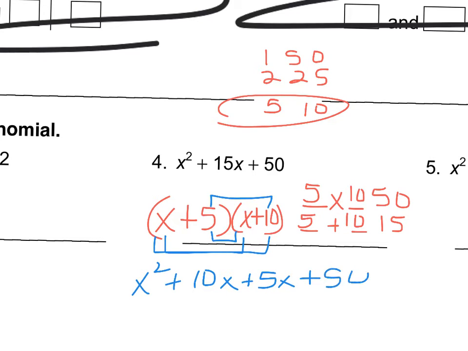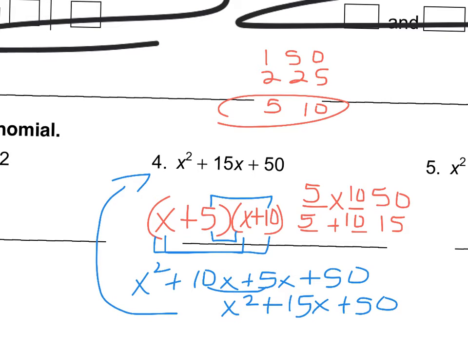If it does not FOIL back to the original, then you know you've done something incorrectly and you need to erase and start all over. So the final answer for this question is the x plus 5 and the x plus 10. So what I just highlighted in green, that is your final answer.